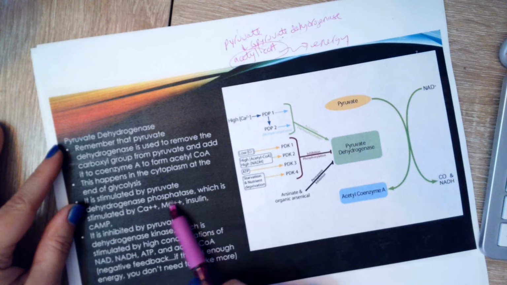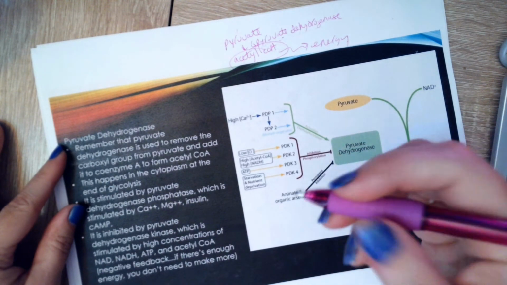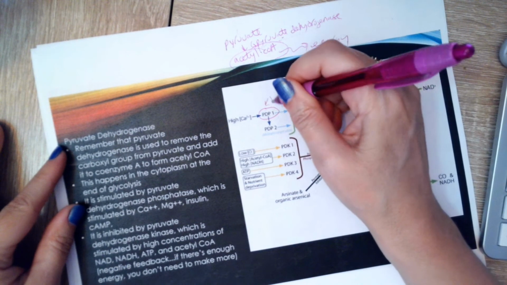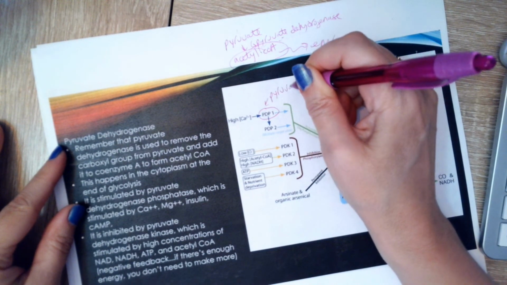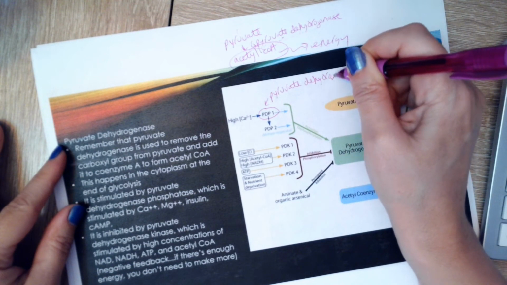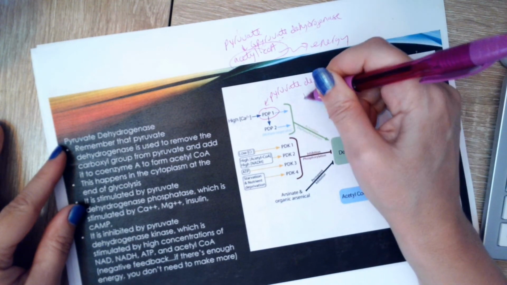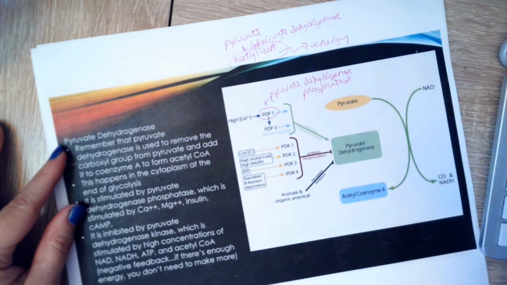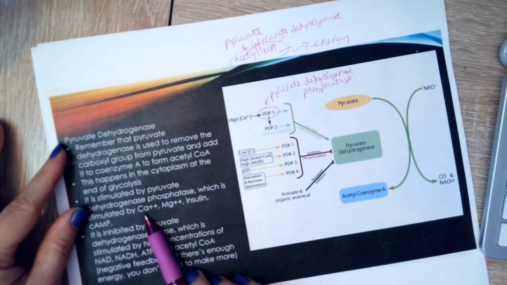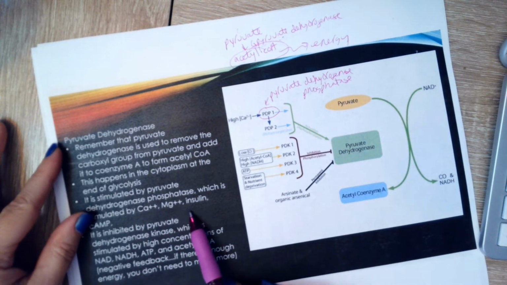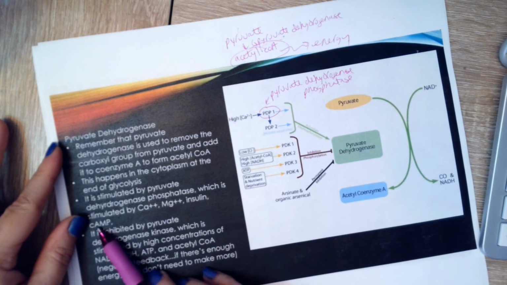Pyruvate dehydrogenase phosphatase we can abbreviate as PDP. And this would be stimulated by high levels of calcium, a lot of magnesium, insulin, and cAMP.